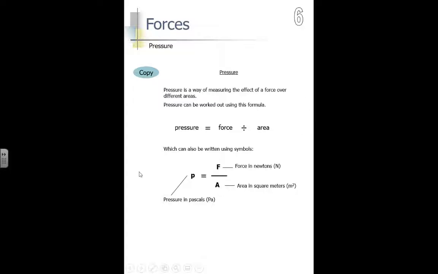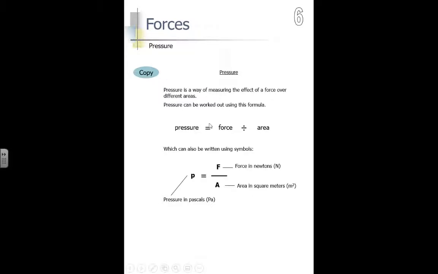So that gave us a triangle with weight at the top and gravity and mass as the two holding up pillars at the bottom. We have a similar equation with pressure, force, and area. This time force in newtons is at the top of our pyramid here, and pressure and area in square meters are at the bottom of our pyramid.